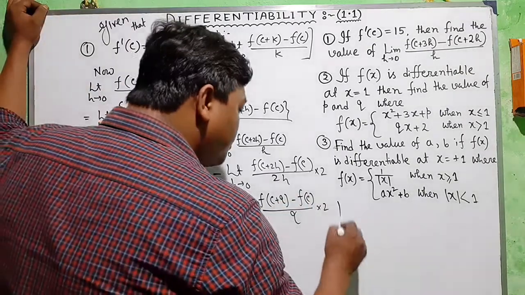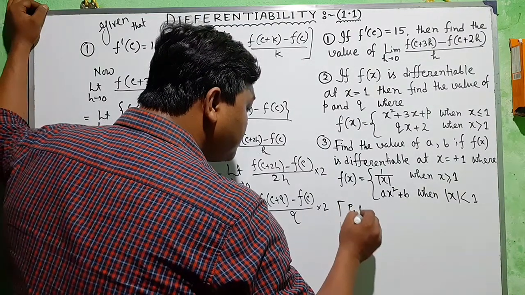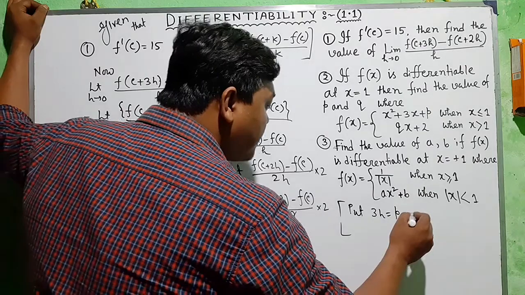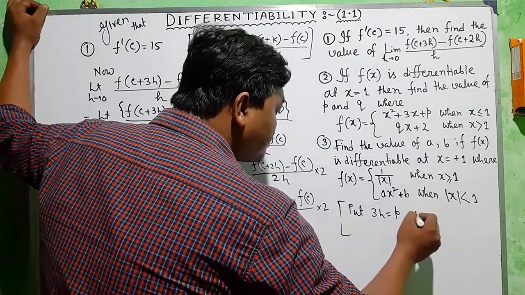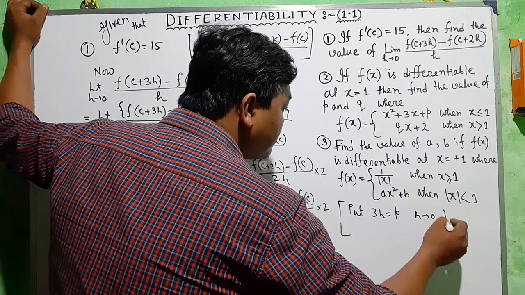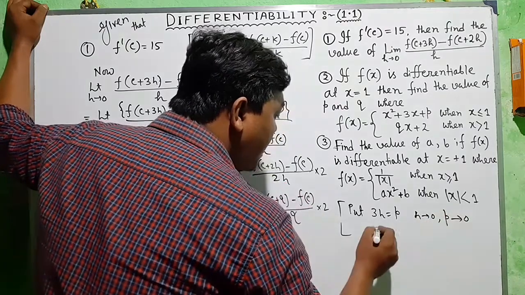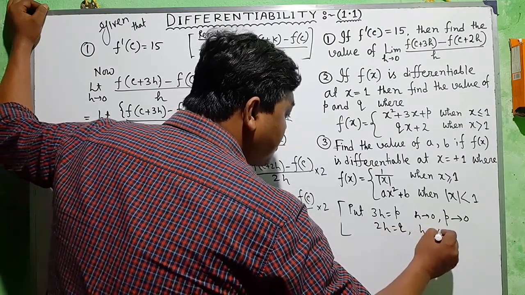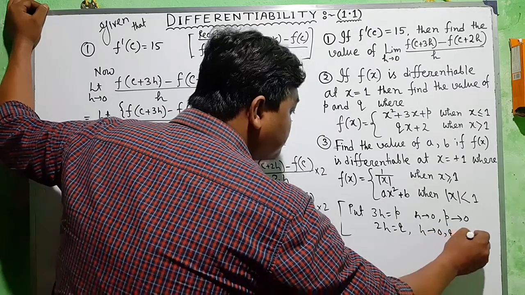So we put 3h equals p, and as h tends to 0, of course p tends to 0, and 2h equals q, as h tends to 0, q also tends to 0.